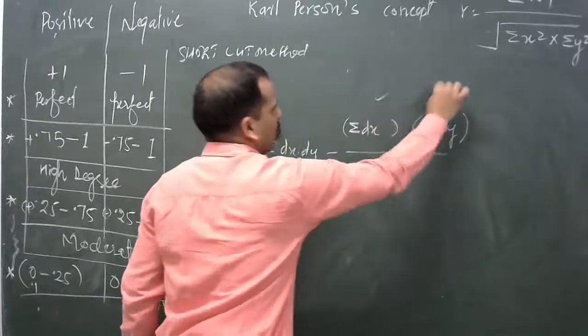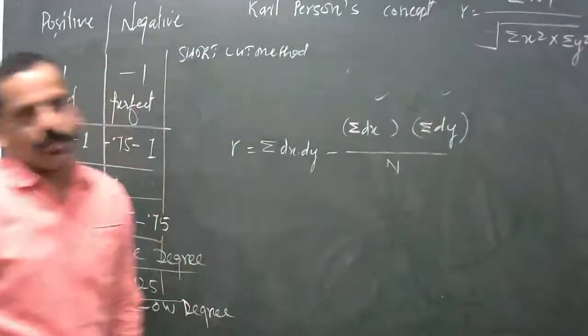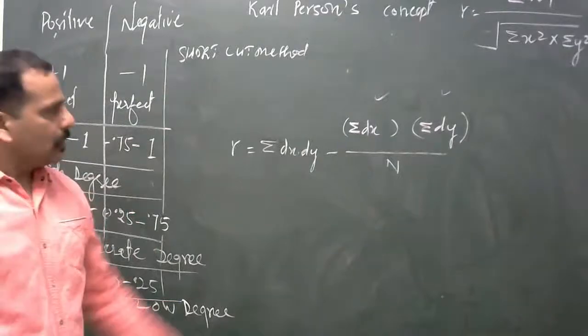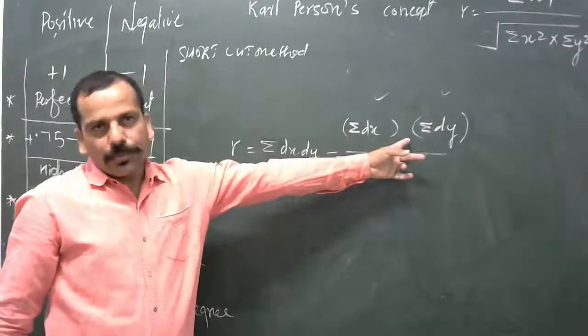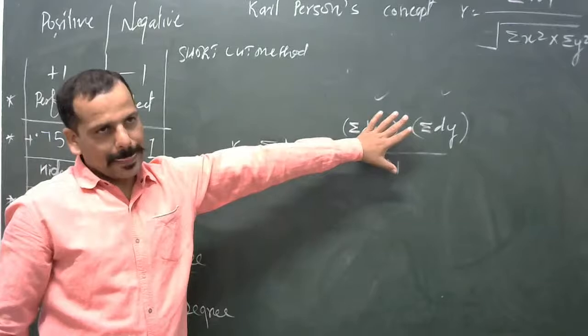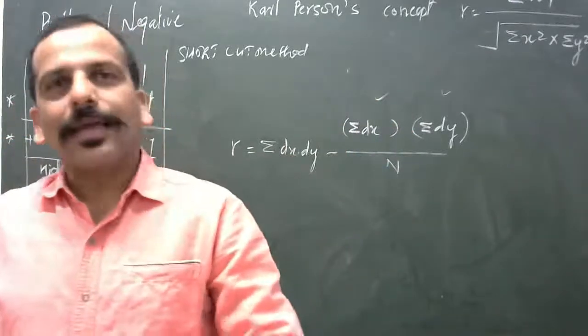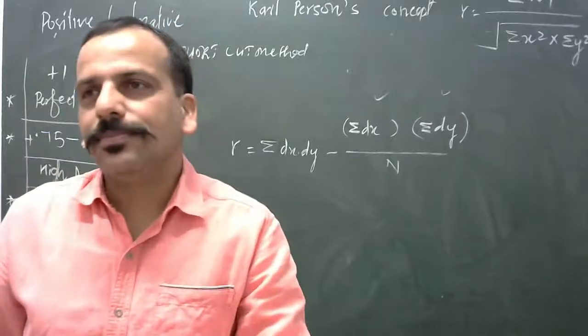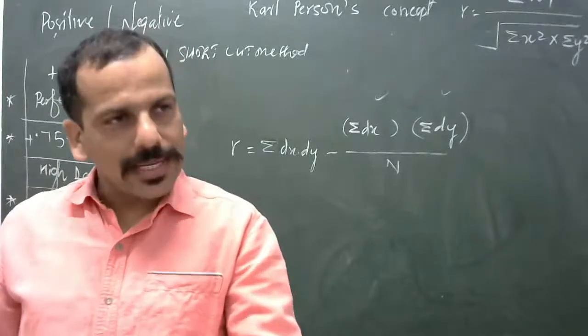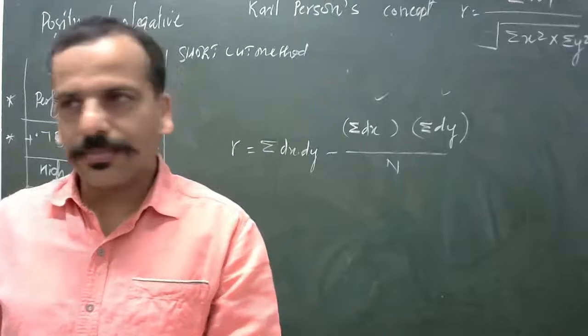So here the x variable and y variable, the sum of the deviations only, that is going to be multiplied. First of all, try to understand. At the end, I will give you one option. If you agree, then we will proceed.